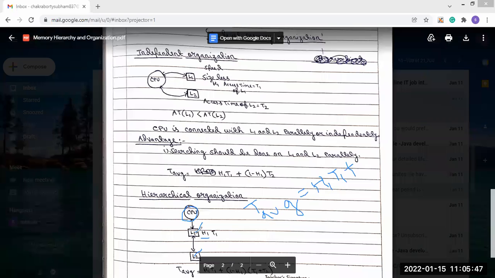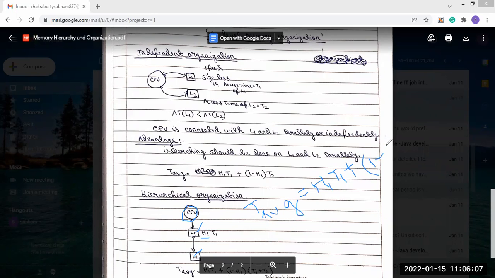So what will be the miss concept? If the hit is H1, then the miss will be what? If you remember from probability, if the hit occurred, then the miss will be 1 minus H1.